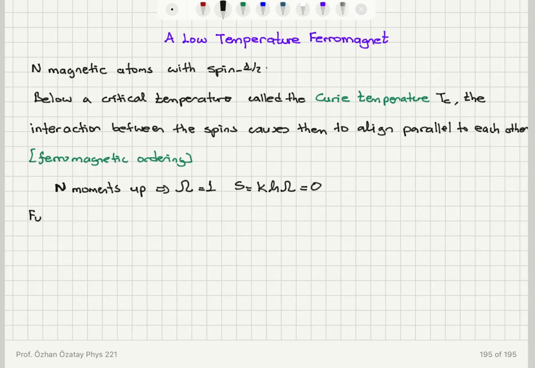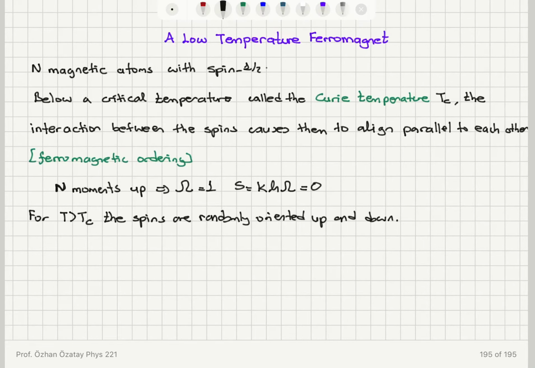On the other hand, if I have an absolute temperature greater than the Curie temperature, this interaction is gone and the spins are randomly oriented. So I have full randomness, randomly oriented up and down with no preference for up or down directions.